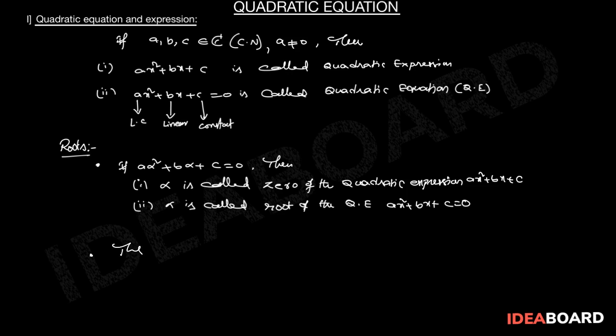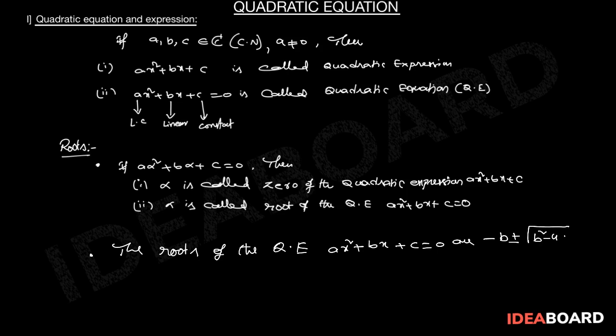The roots of the quadratic equation ax square plus bx plus c equal to 0 are minus b plus or minus square root of b square minus 4ac, by 2a. Here let alpha, beta be the roots of the quadratic equation.